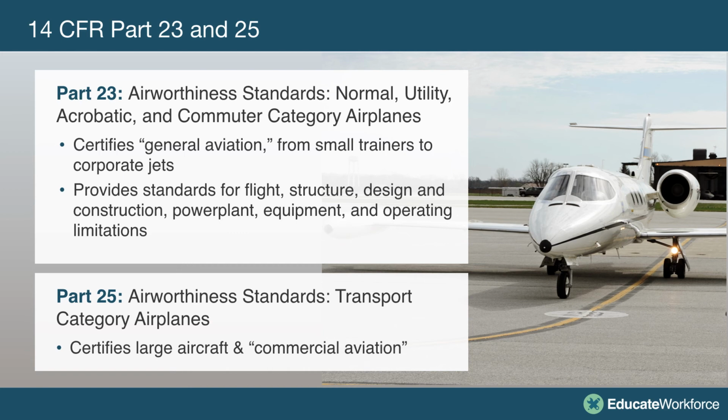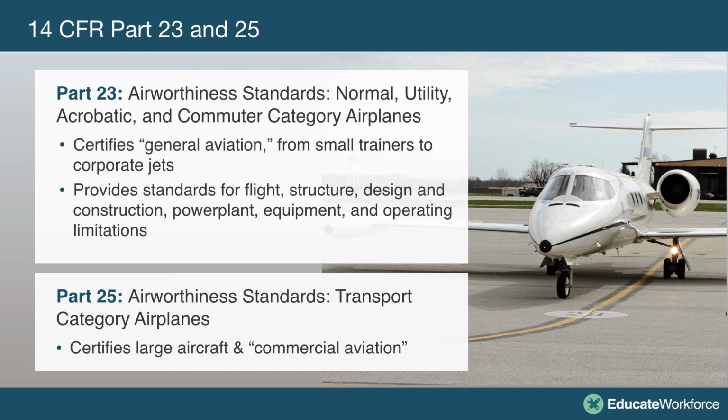Part 23, Airworthiness Standards for Normal, Utility, Aerobatic, Commuter Category Aircraft. This certifies general aviation from small trainers to corporate jets. It's going to provide standards for flight, structure, design, construction, power plant, equipment, and operating limitations.